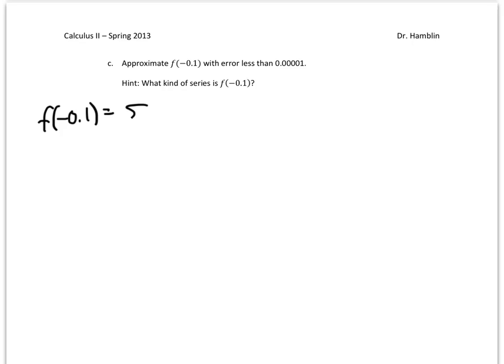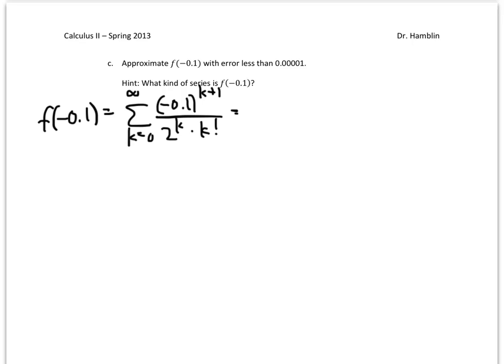Well, that's going to be the sum, as k goes from 0 to infinity, of negative 0.1 to the k plus 1, divided by 2 to the k, divided by k factorial.